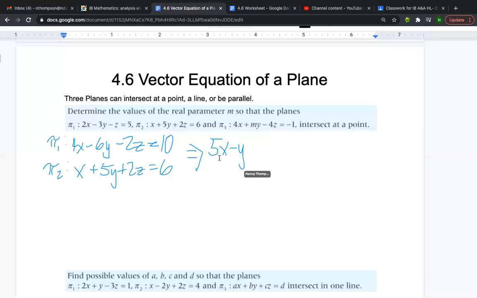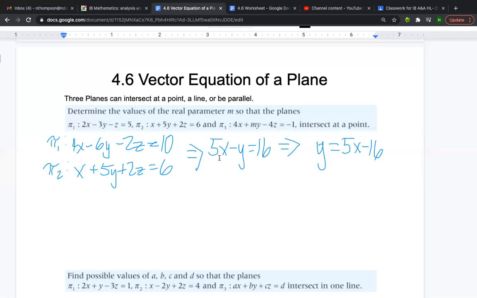So from here, now if I use substitution, I can isolate these variables to get first 5x minus y equals 16. I've eliminated the z variable, and then from there, I can now isolate my y, and I have y equals 5x minus 16. So now what I will do is go back to my plane 1 equation and plug this in for my y value in order to isolate my z variable.